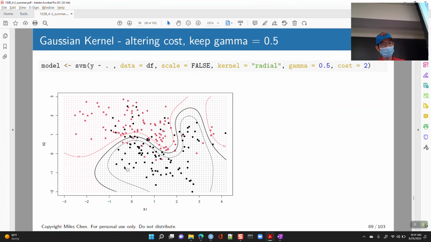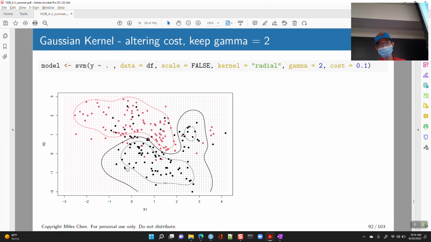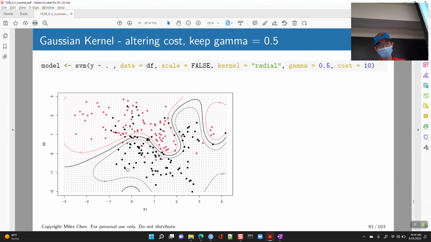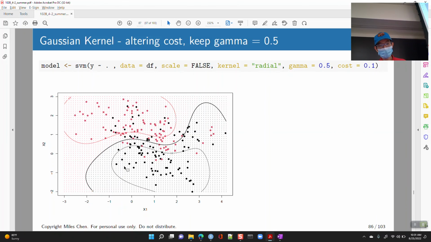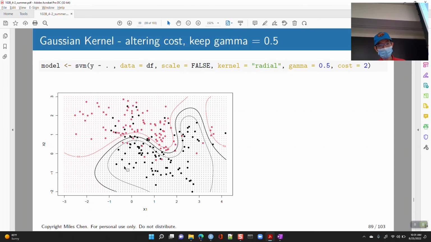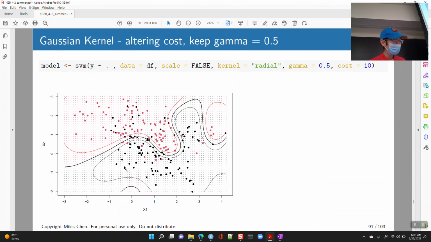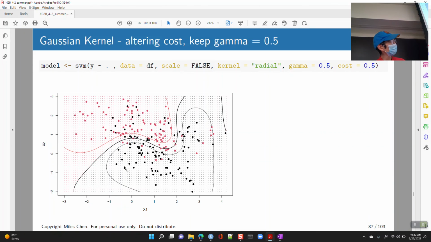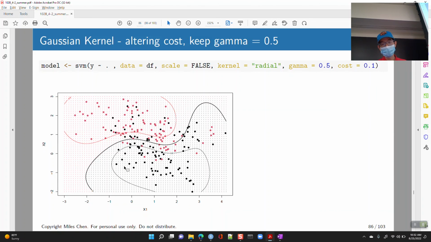The gamma is kept at 0.5 here, and as we increase the cost, here I have cost 10. Again, is this higher variance or lower variance versus cost 0.1? Higher variance or lower variance over here?